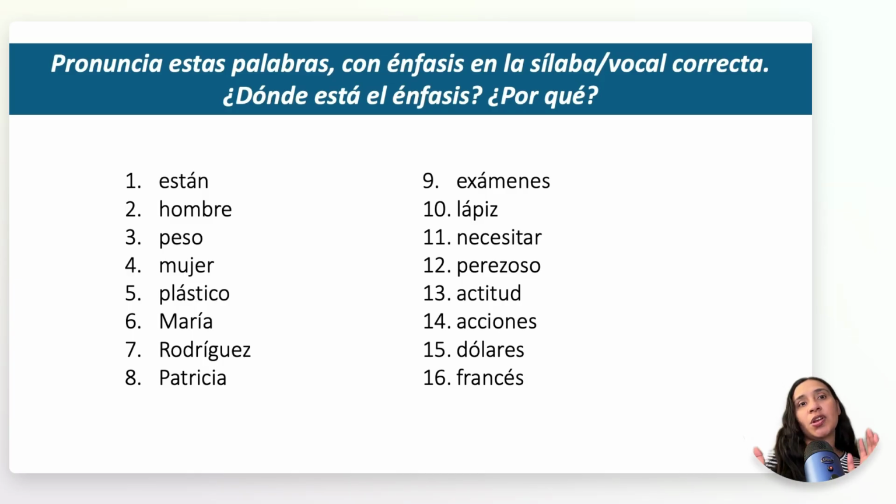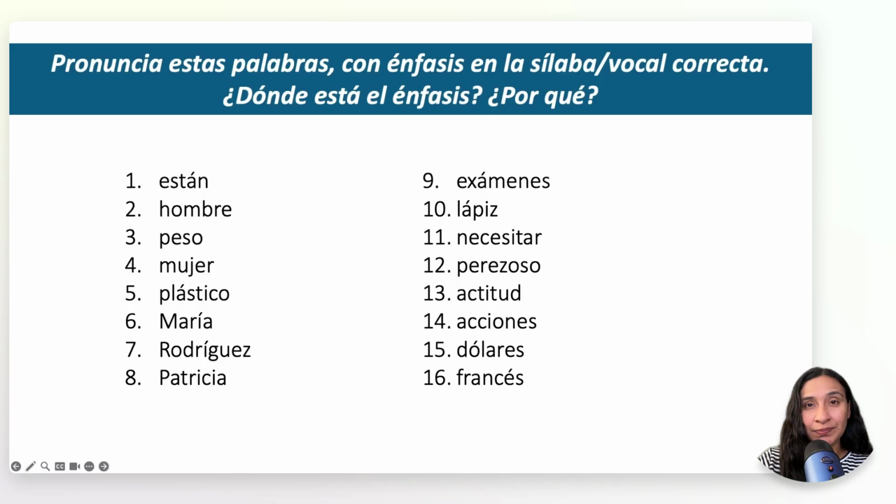Okay, so I'm just gonna read them, and then you can check if you were correct, or if you just want to listen to me pronouncing these words, that's totally fine as well. So let's start with the first one.